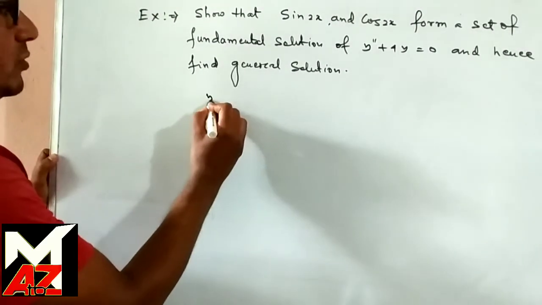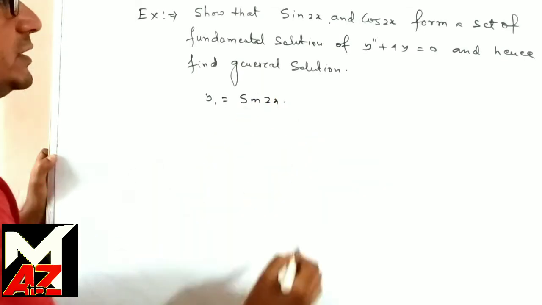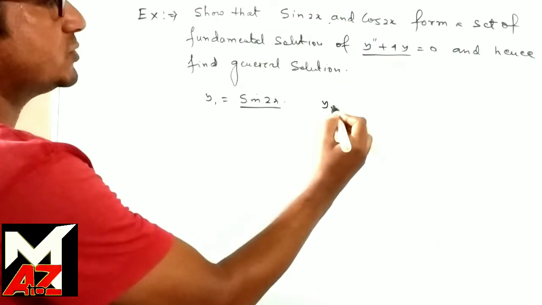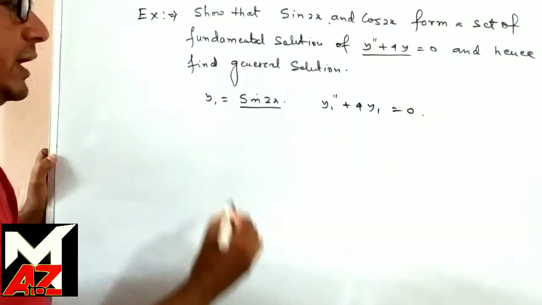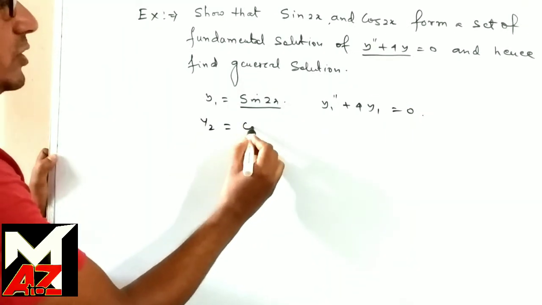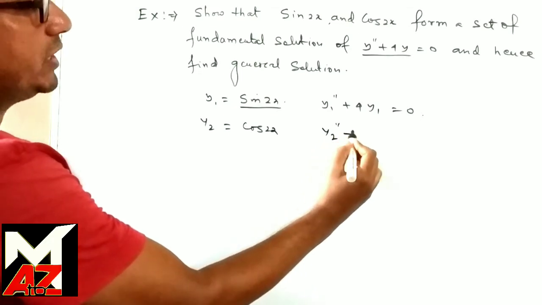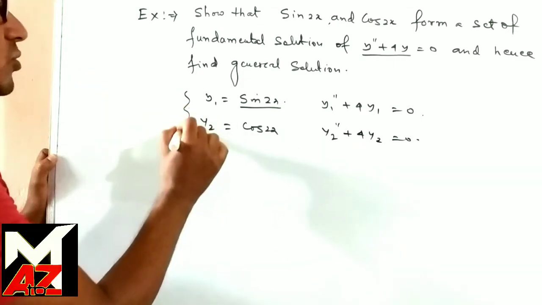If we take y1 equal to sin 2x, clearly this satisfies y1 double dash plus 4y1 equal to 0, and similarly if we take y2 equal to cos 2x, then y2 double dash plus 4y2 equal to 0. So these two are solutions.